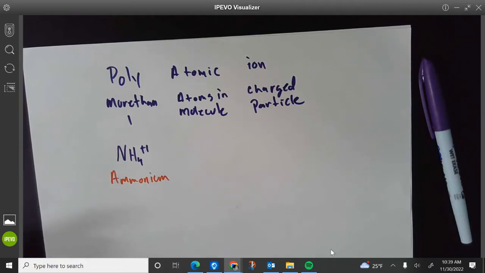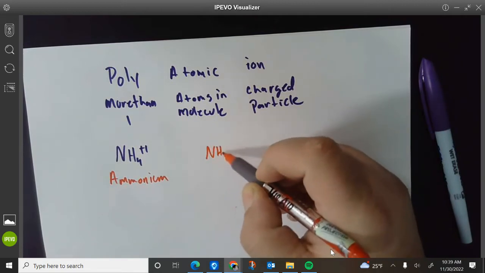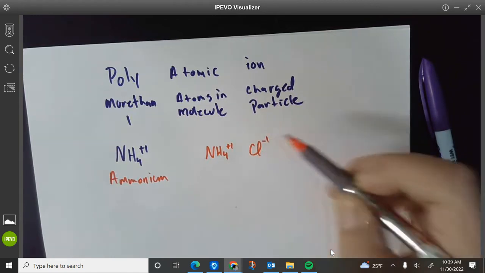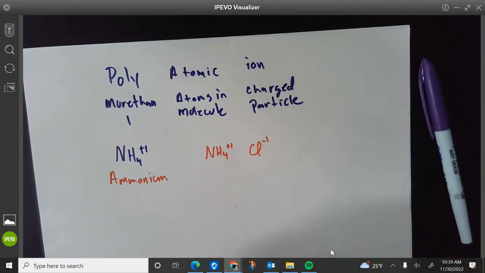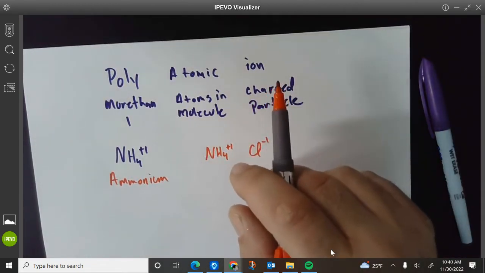So let's make some compounds with it, right? If I have NH4 with +1 charge, and I have chlorine with a -1 charge, because chlorine is in group 7A, forms a -1 charge, because it's only gaining one electron to get to that octet. How many do I have to add of each one to make it a neutral compound?